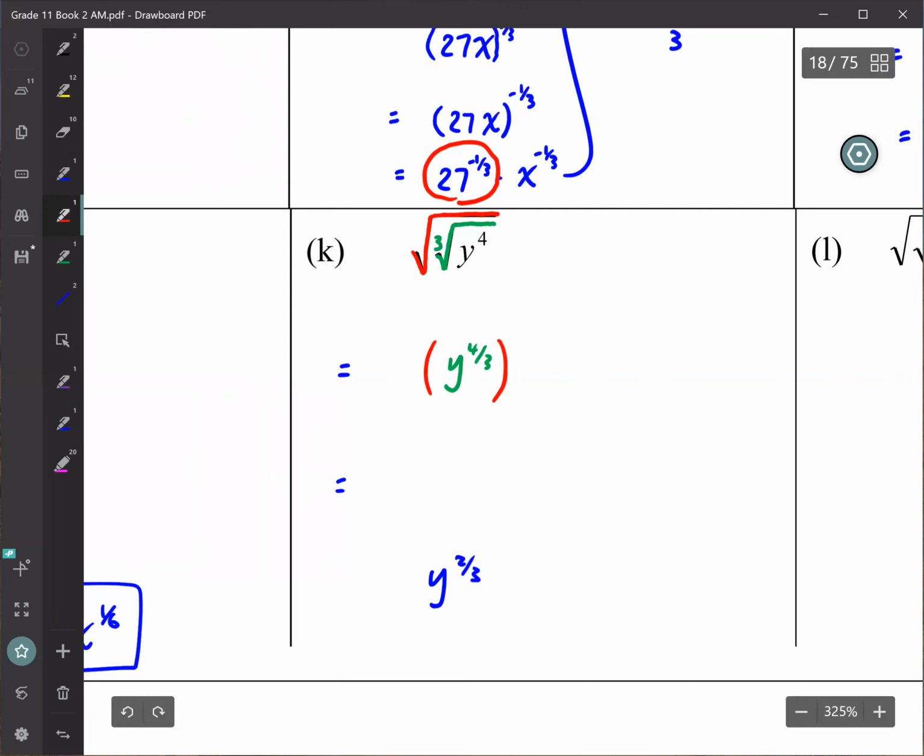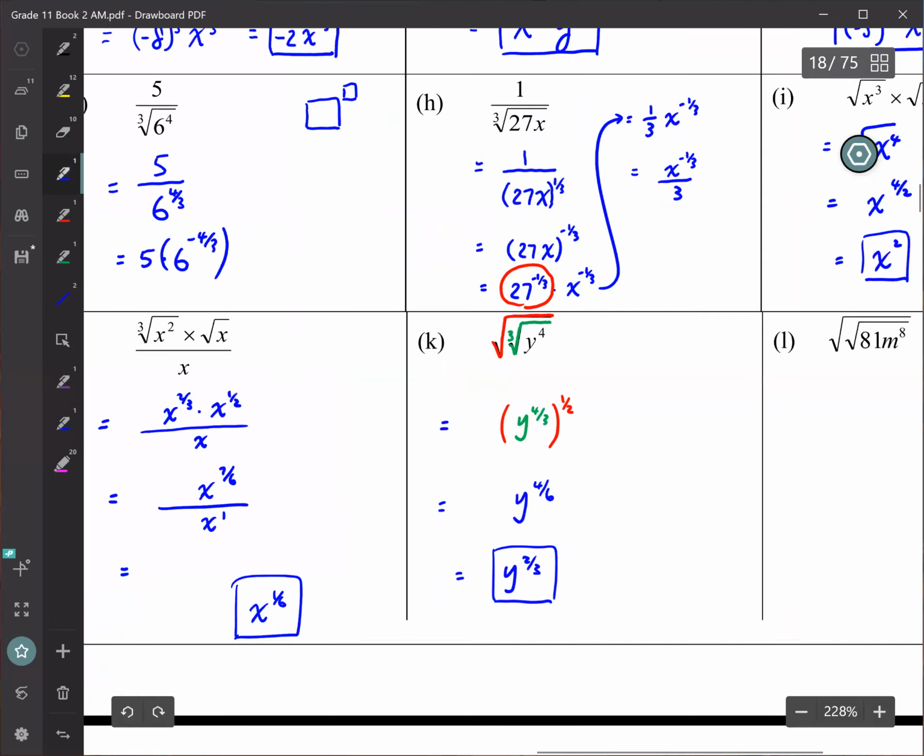It's a square root, so it should be 1/2. There's an invisible 2 on the outside; they don't need to show that. Once you get there, you have an exponent to an exponent, so the two exponents multiply together. That will give you y to the 4/6. So reduce that, or leave it like that. Okay, so this is exponential form.